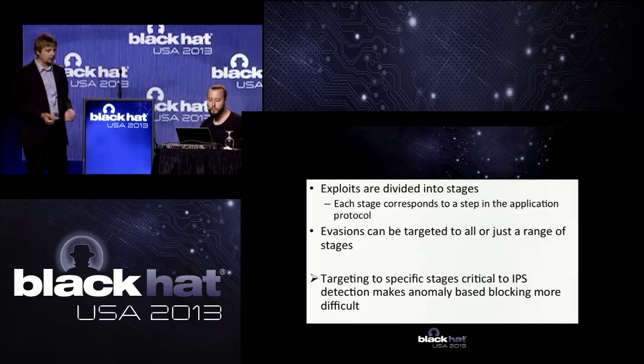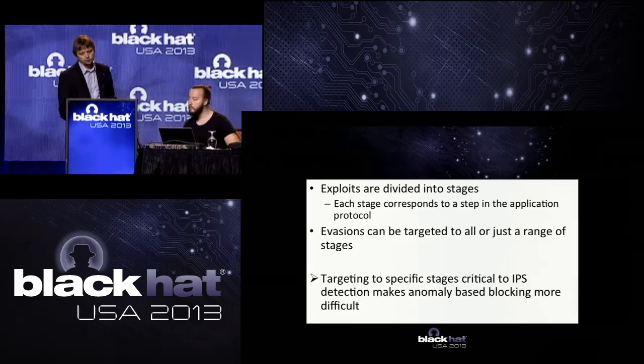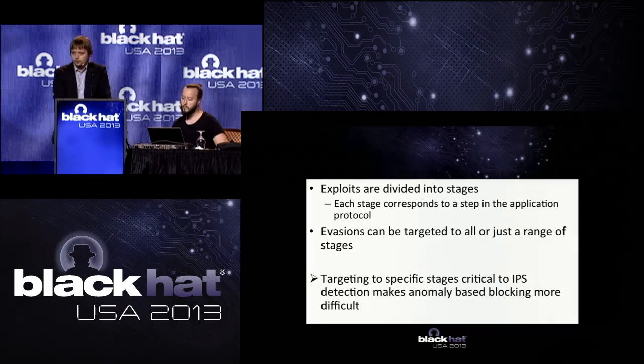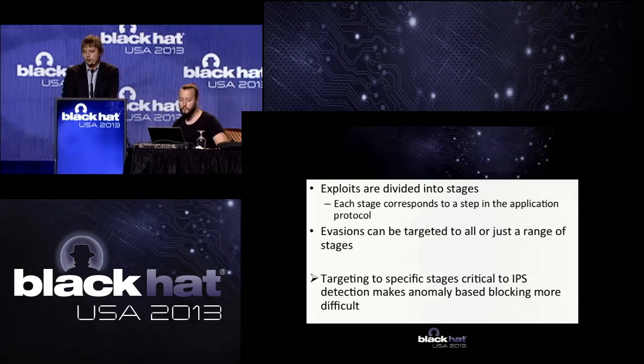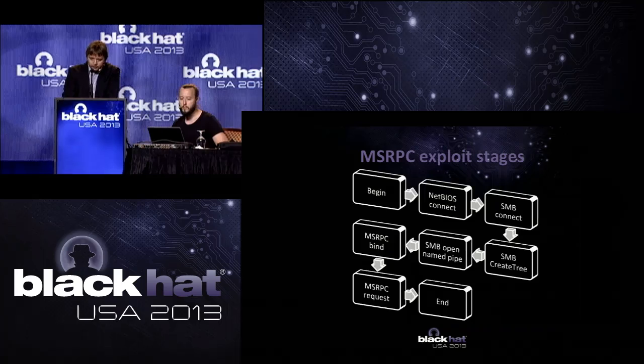But if we target the TCP segmentation precisely at the point of exploitation, we can maybe use only one small TCP segment, and that might be enough to fool the IPS. For example, with MSRPC, there are 8 different exploit stages, and all the stages can have different evasions.